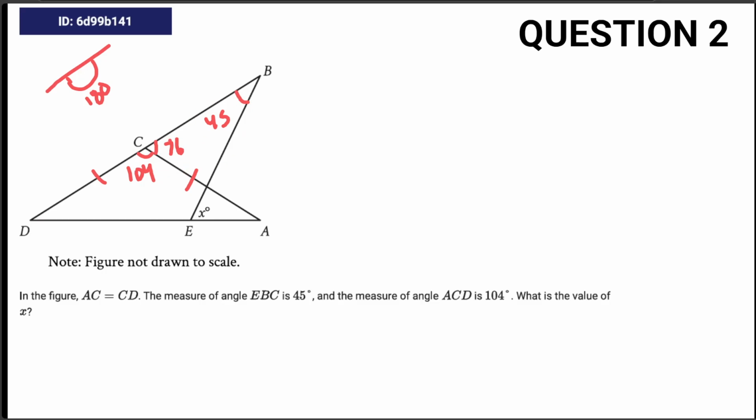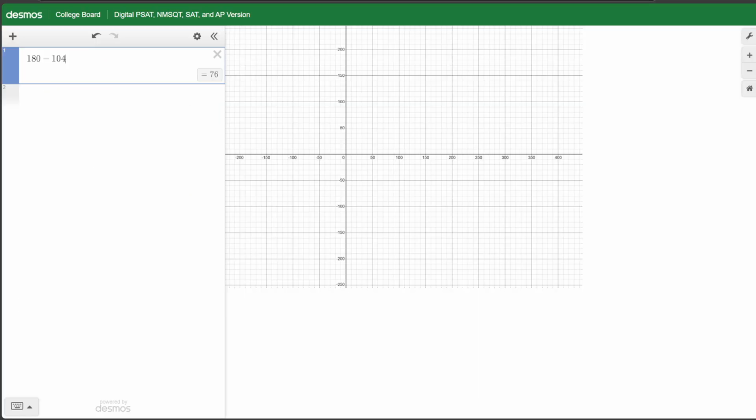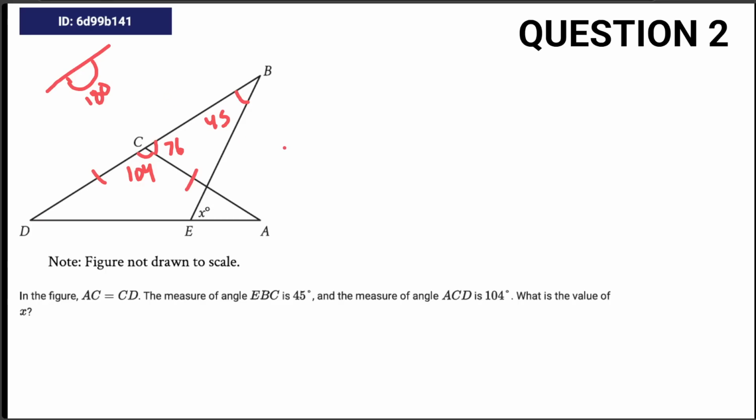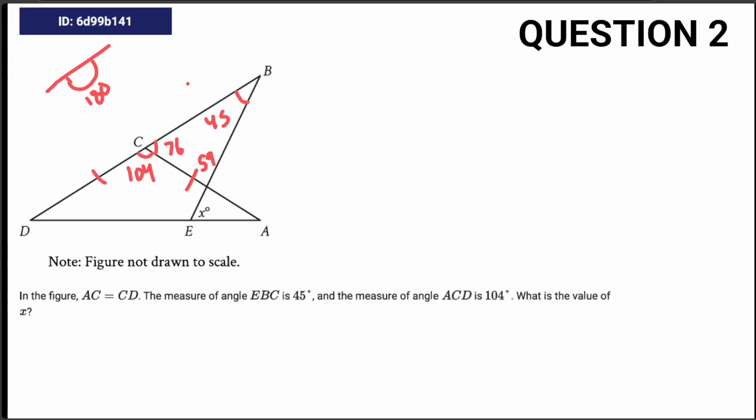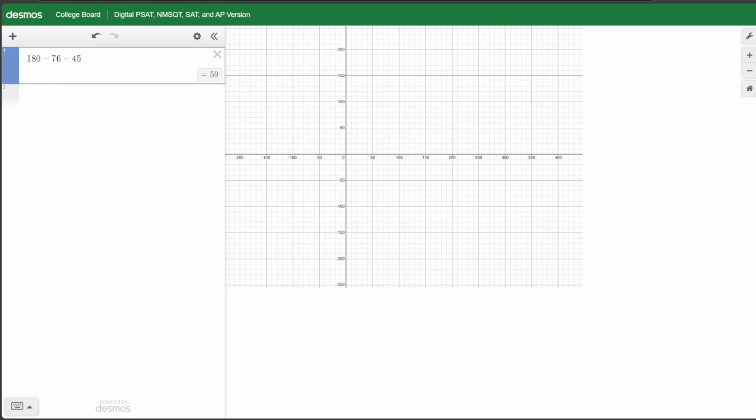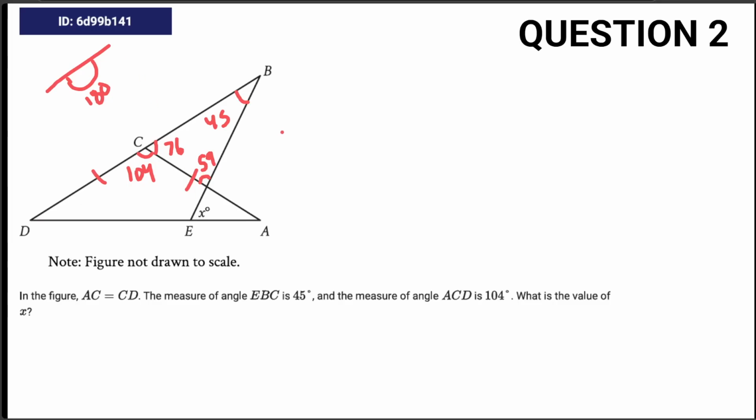And then inside a triangle adds up to 180, so we can do 180 minus 76 minus 45 to get 59 right here. Kind of fast there, just subtracted those two, we get 59. And then once again on the same line, we can do 180 minus 59 to get 121, which should be the value here.